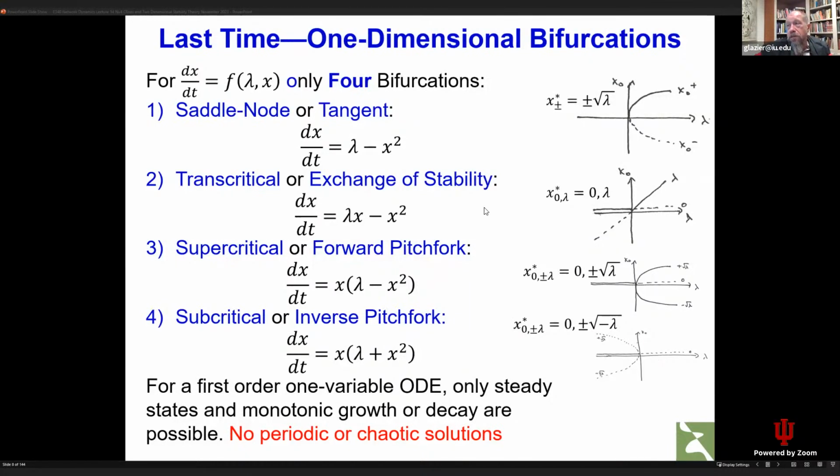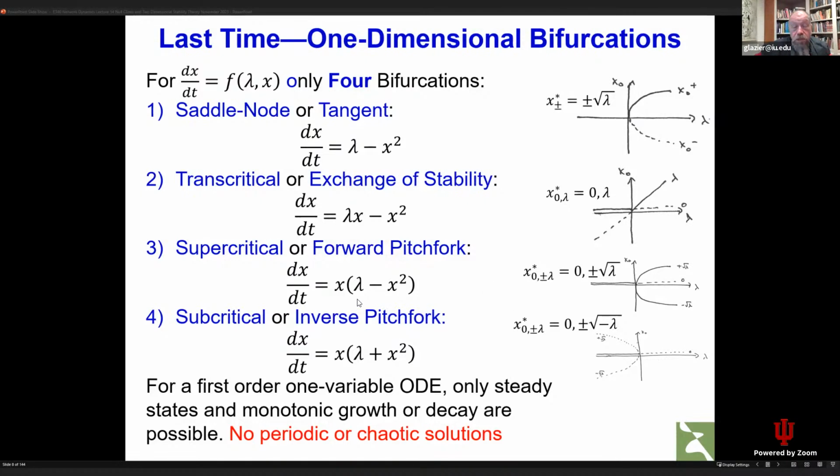We have transcritical or exchange of stability bifurcation. We have a stable fixed point at 0, an unstable fixed point at a negative value. They collide. The stable fixed point at 0 becomes unstable. The unstable fixed point along the diagonal becomes stable. So the number of fixed points doesn't change, but their stability interchanges. We have the supercritical or pitchfork bifurcation.